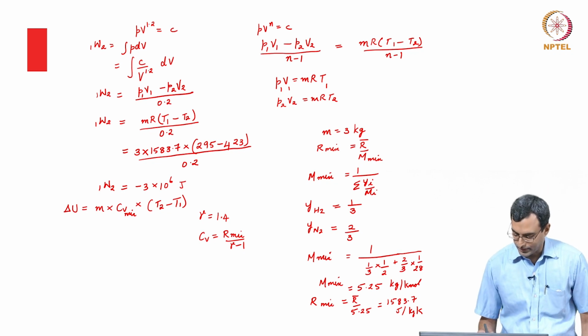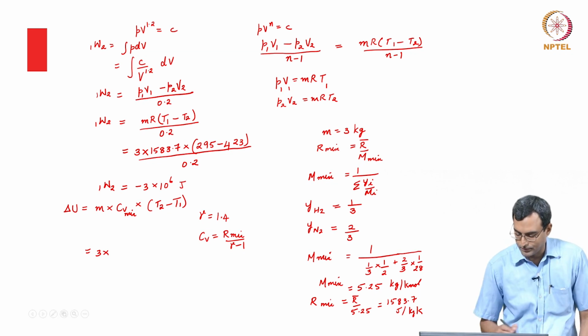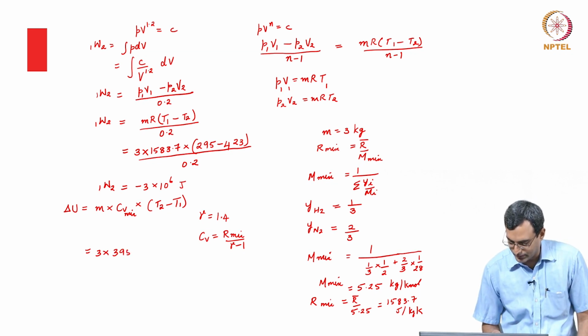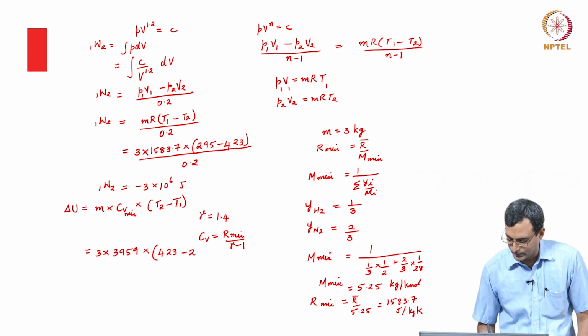So, I have the CV value here. I have the total mass, which is 3 kg, I have the CV value, which is say 3959, and I have T2 minus T1, where T2 is 423 and T1 is 295.